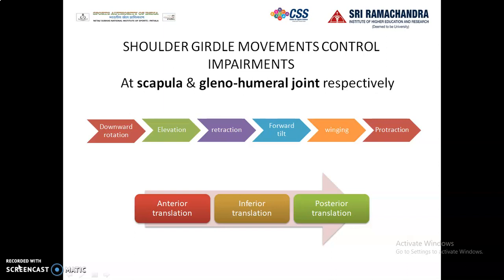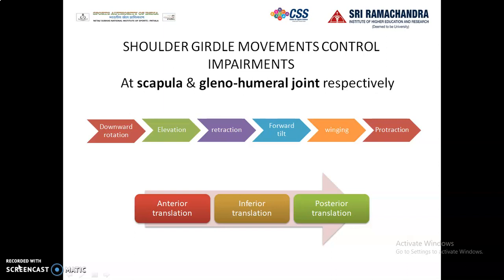And then we also have to assess several factors like the painful arc syndrome and the quality of the movement, whether they have a good range of movement or controlled movement. If they do not have controlled movement, it is otherwise known as accessory movement.